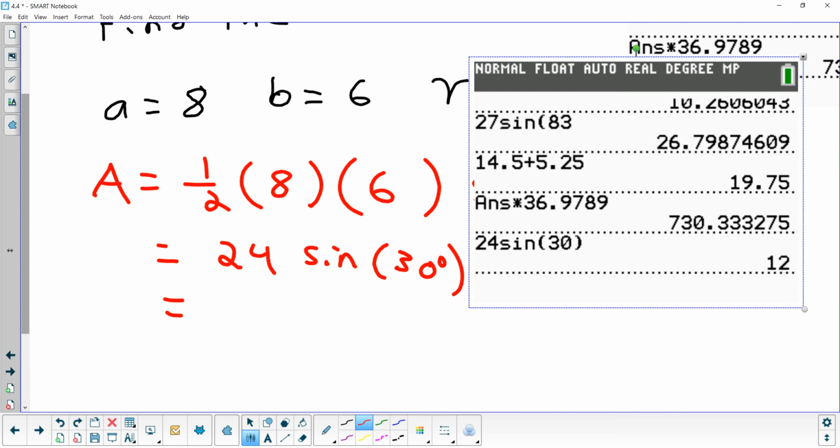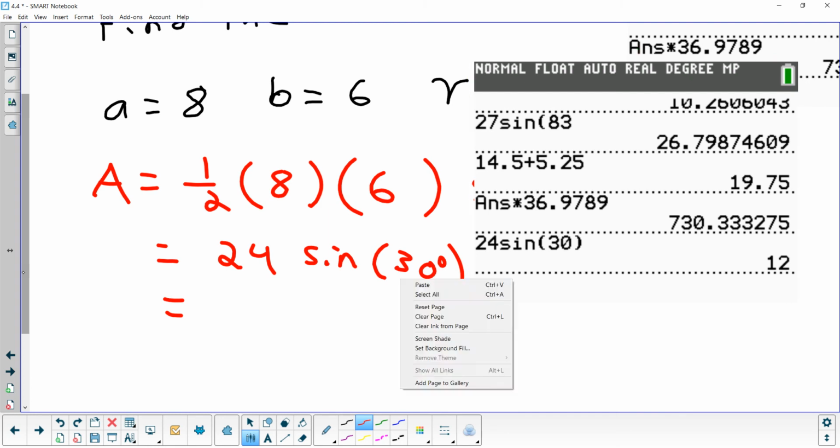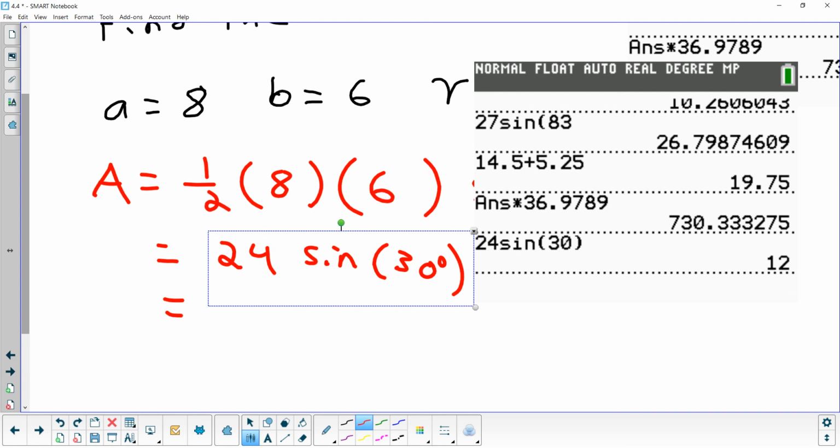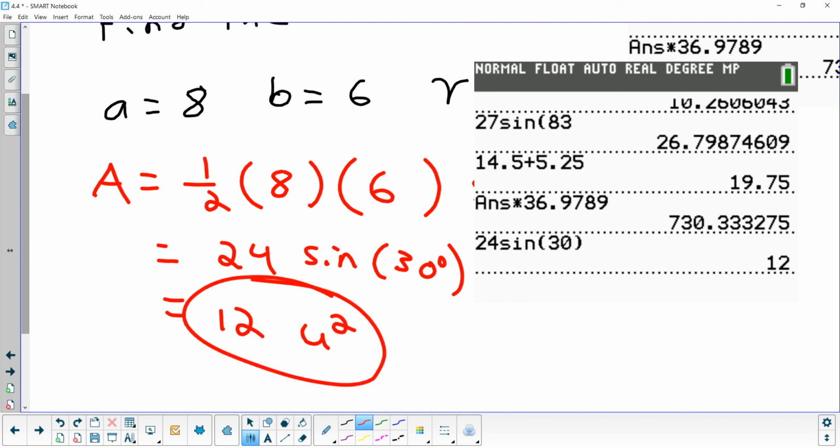Most answers aren't going to come out nice, but the sine of 30 is 1/2, and then 1/2 times 24 is 12. All right, so we've got 12, and how about, Don, what should I put on that, because it's an area? Unit squared. Yep, unit squared.